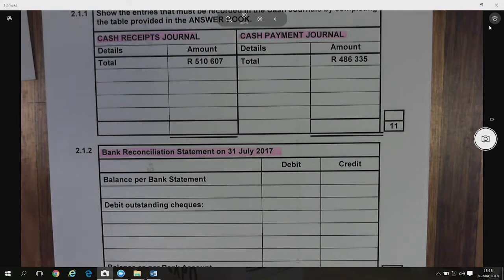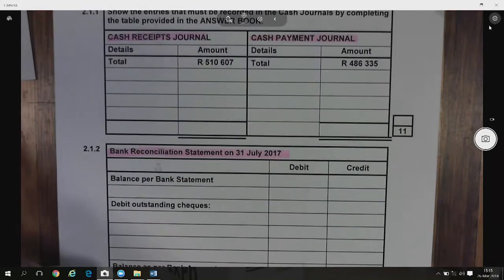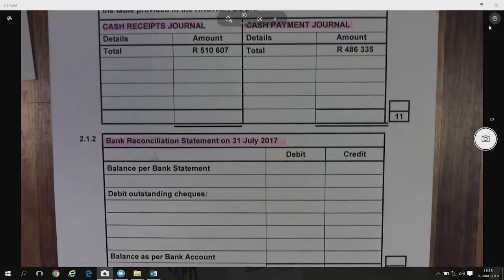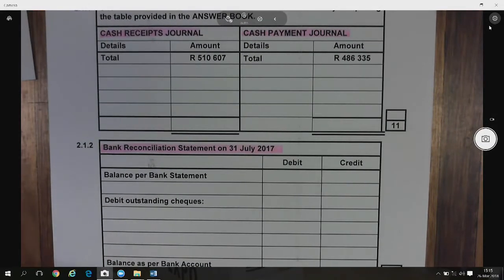They're not going to ask you a whole cash receipts journal for 20 marks and a cash payments journal for 20 marks. They don't do that anymore, but they still ask you bank recon. Sometimes they make it a little bit tricky. This one is not tricky, but remember that you must stick to the basics.